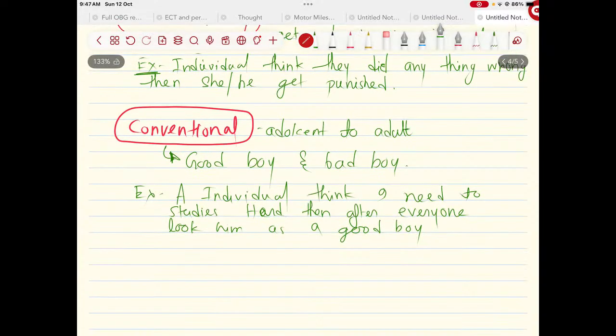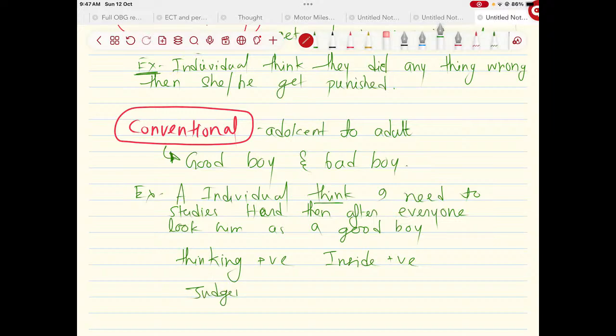So what is here? Thinking is positive, insight is positive, judgment is also positive. Everything is positive in the conventional stage.